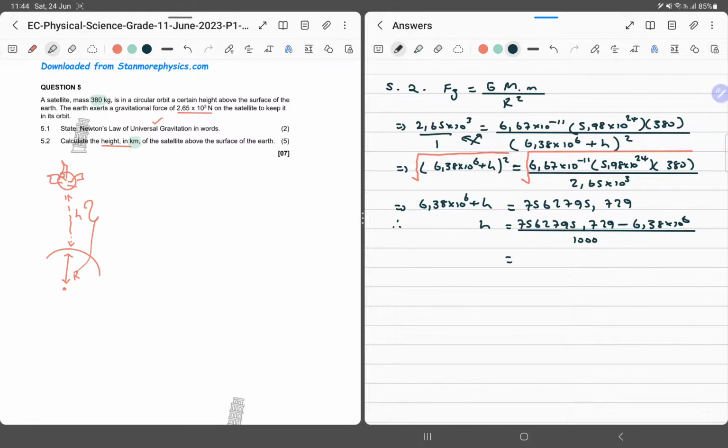It gives us what it gives us, and then we divide by 1,000 to get kilometers. So I'm getting 1182.80 to 2 decimal places. Okay, this is now kilometers, because we were told to do this in kilometers.